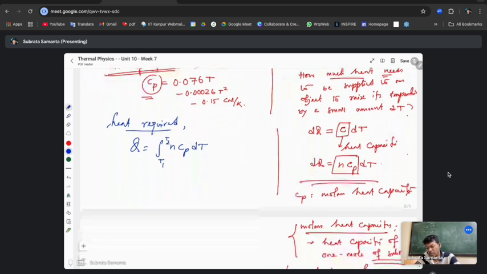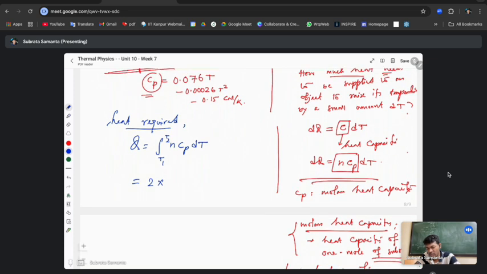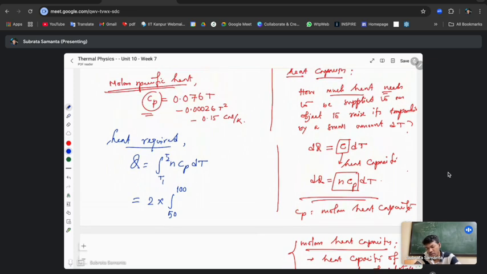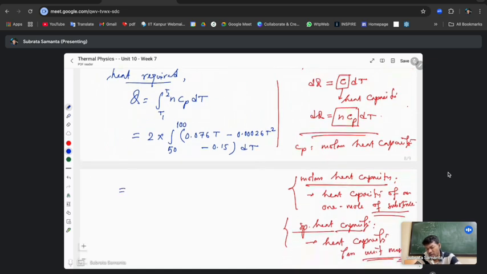So now you plug in these values: n is 2, the number of moles, times the integral from 50 to 100. Cp is temperature dependent, so 0.076 T minus 0.00026 T square minus 0.15 times dT.